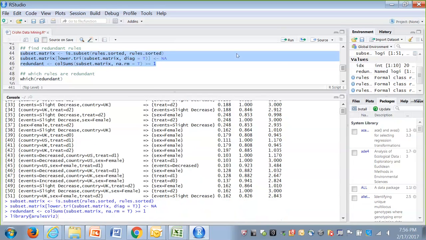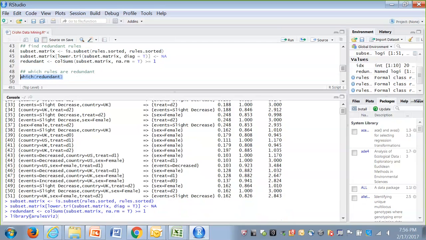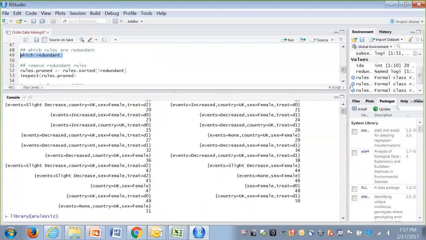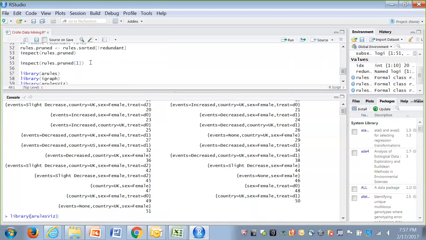So it's fairly straightforward. Here I just execute it. If I look at which are redundant, we could look at rule 20. So let's prune rule 20 out. Let me run this.